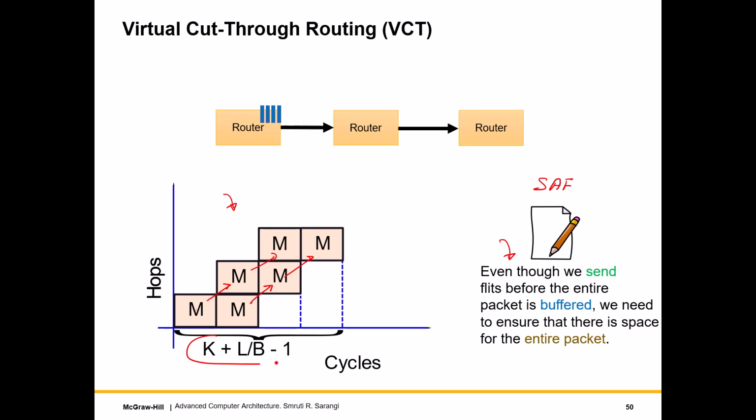So in this case, the final timing expression is k plus L by B minus 1. And we have already seen this expression when we were doing circuit switching. If you see both the plots, they are the same, in hops and cycles, both of them are the same. And the reasons for this expression are also the same.